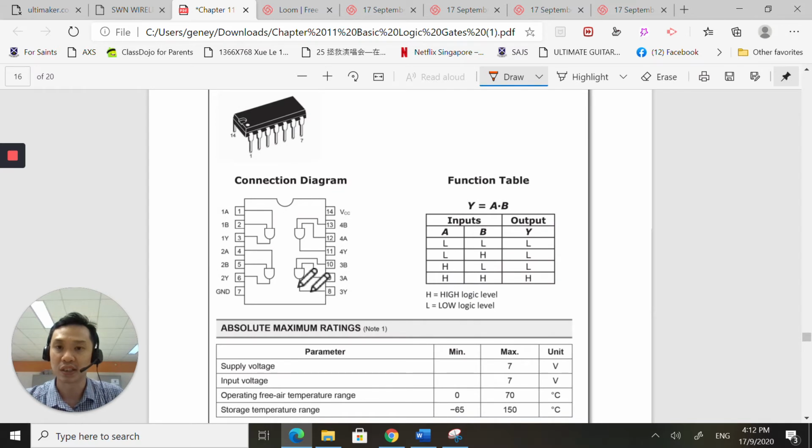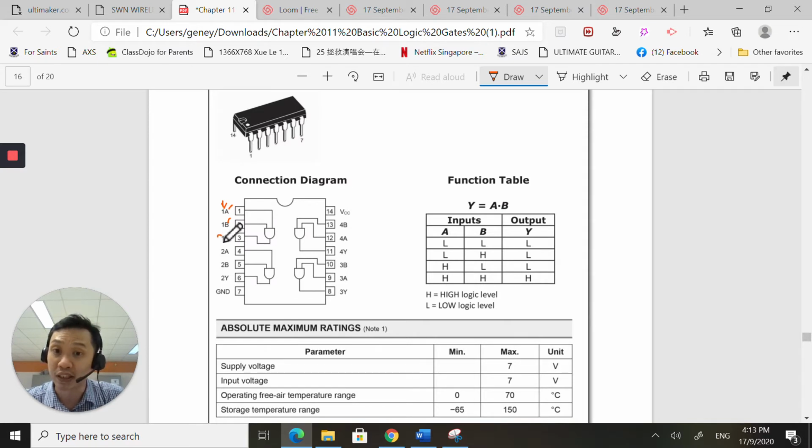So this is what it looks like internally. How they build the AND gate, you don't have to know that. All you need to know is that pin 1 and pin 2 are the inputs to the first AND gate, and pin 3 will give me the output. So 1A, 1B, with 1 representing the first gate, and A, B representing the two inputs.